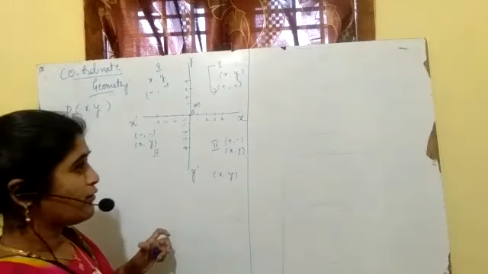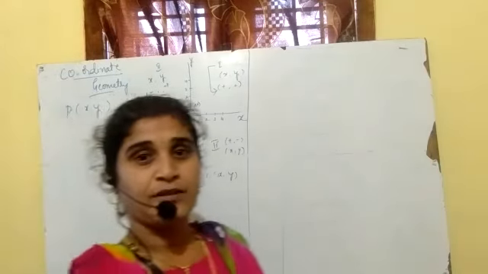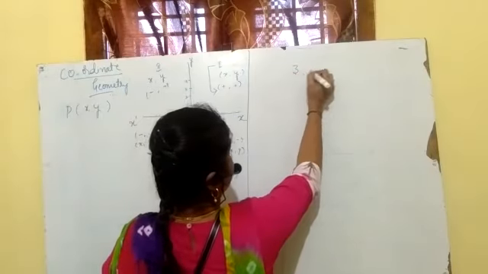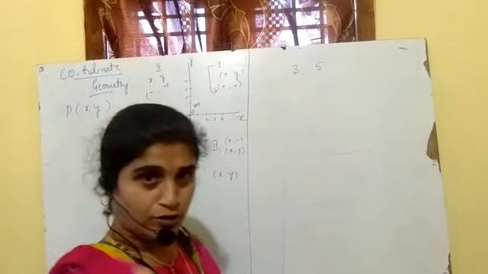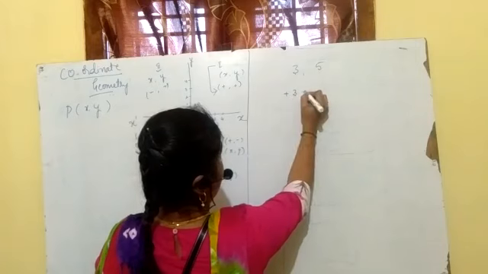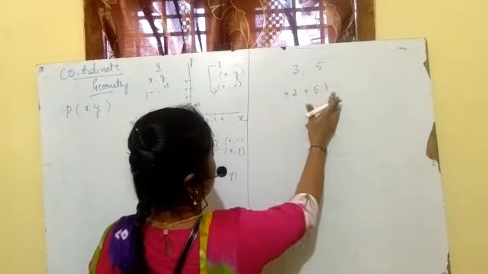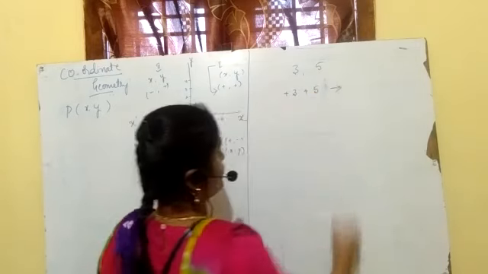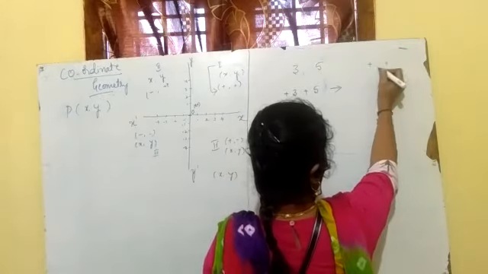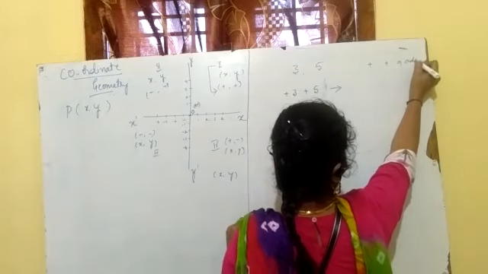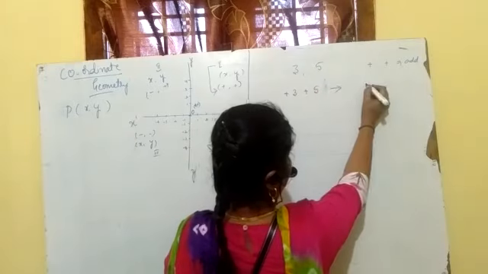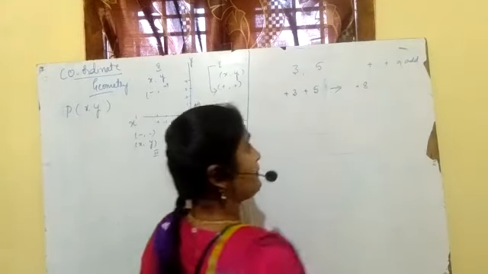Next we will move on to the general calculation about this. For example, I will take two numbers, 3 and 5. First I take plus 3 and plus 5. What do we have to do? Think about it. When both are plus, what do you have to do? Add. Correct? You add 5 and 3, 8, and it is represented by plus.